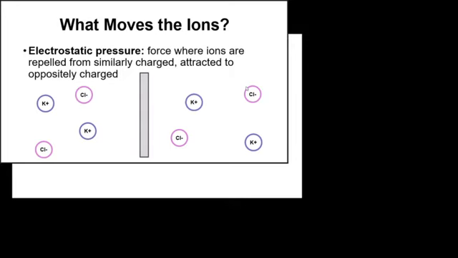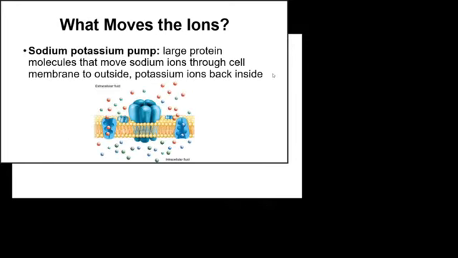Now, as I said, this isn't something that can just happen freely. They don't just all shoot through the phospholipid bilayer. There is some resistance, but sometimes they will force their way through.